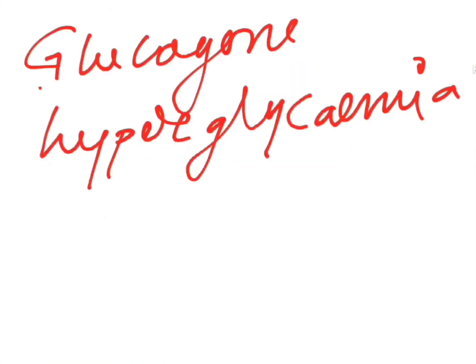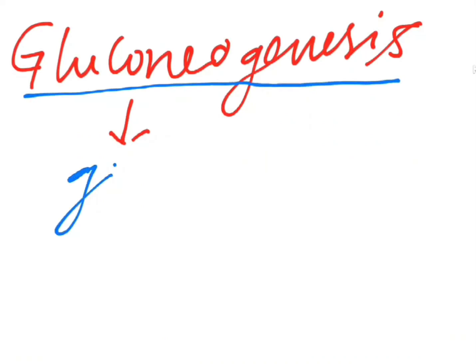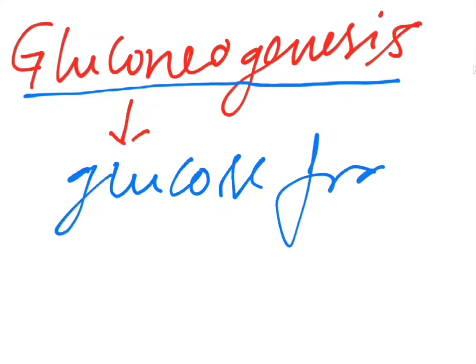So here glucagon is also called the hyperglycemia hormone. Remember this, glucagon is also called the hyperglycemia hormone, that means it stimulates the process of gluconeogenesis. So remember this, gluconeogenesis is the process of formation of glucose from non-carbohydrates.